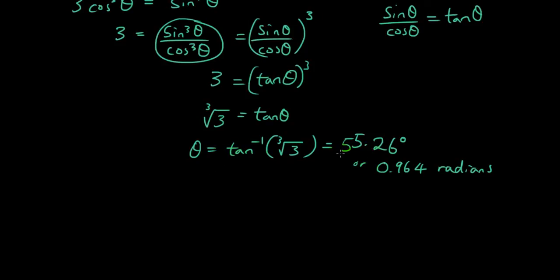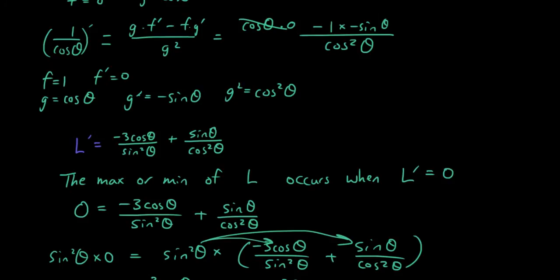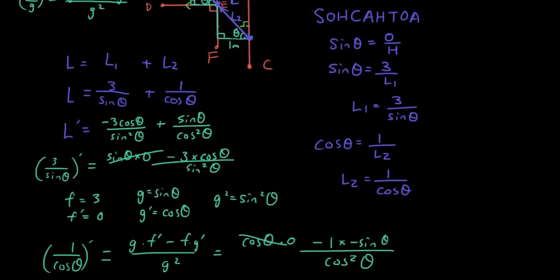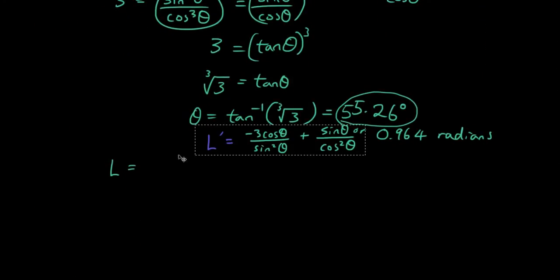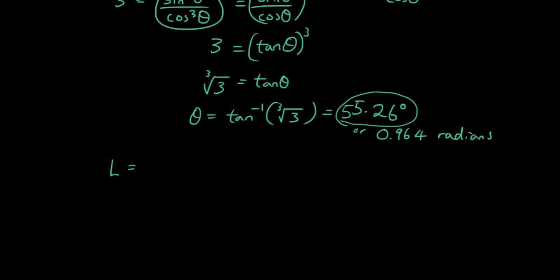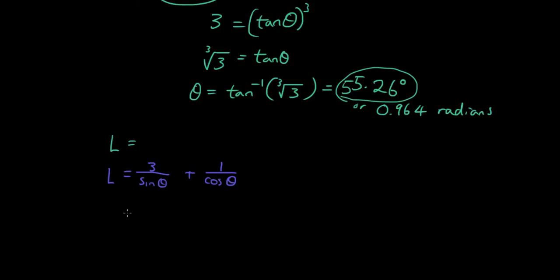Okay, so now let's substitute that angle into our original length equation. Let's go back up to the top. Length is equal to 3 over sine theta plus 1 over cos theta.